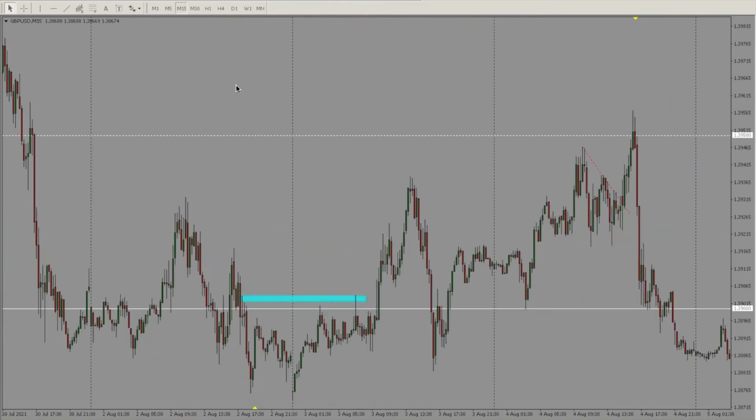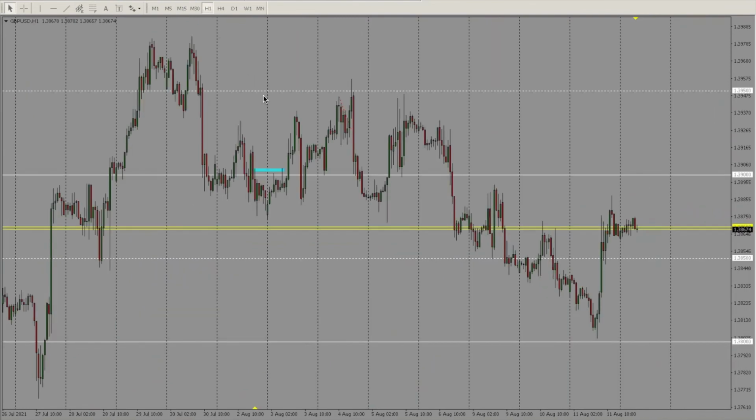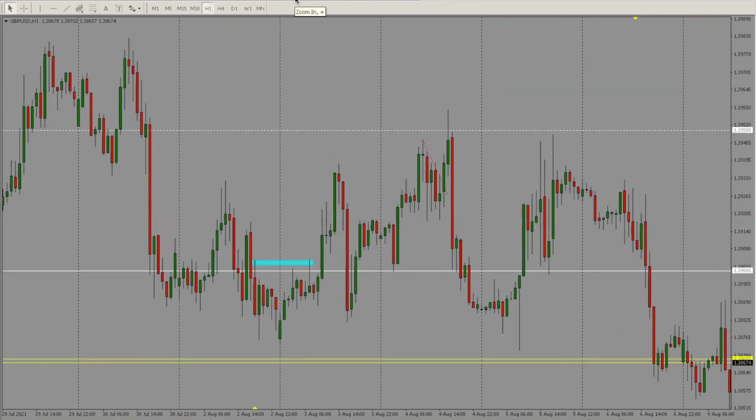So let's talk about that. Right, so if we look down here, right, there's really no structure down there. And you can see we filled that, right? And it's just really not enough here.